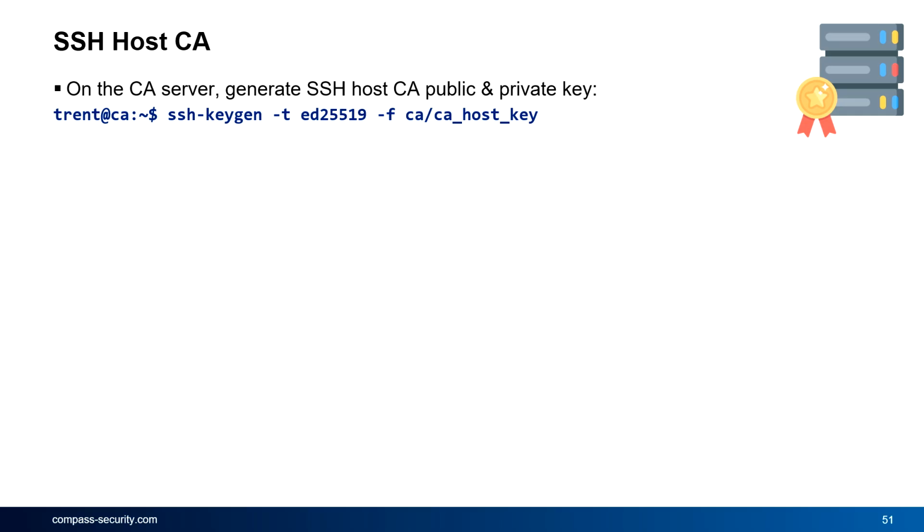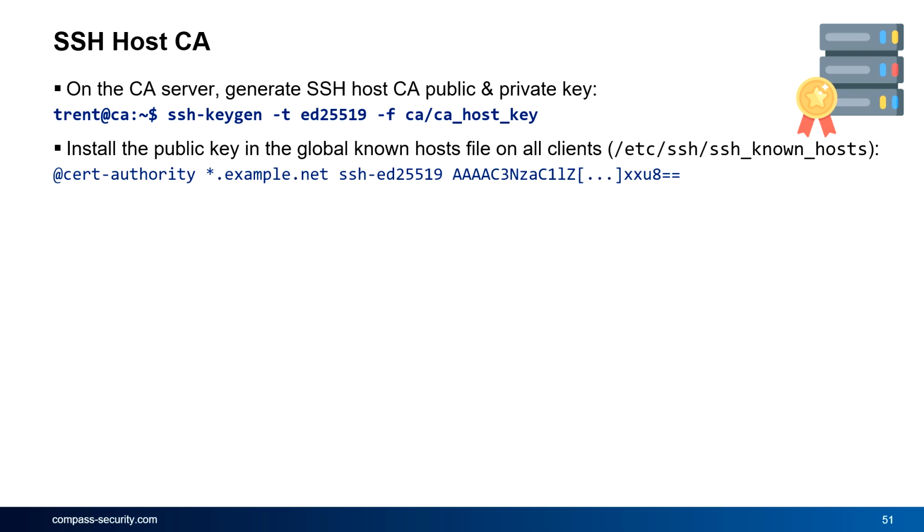Then for every client that should trust this CA, you have to copy the public key of the CA to these clients. Then you configure it in their known hosts file. And the best way to do it is to use the global known hosts file, so you don't have to do it for all the users.